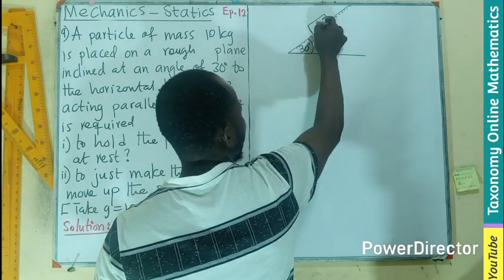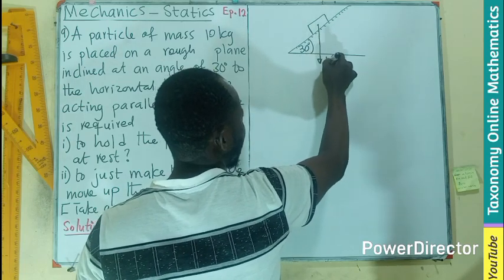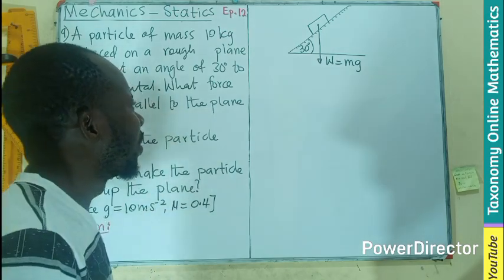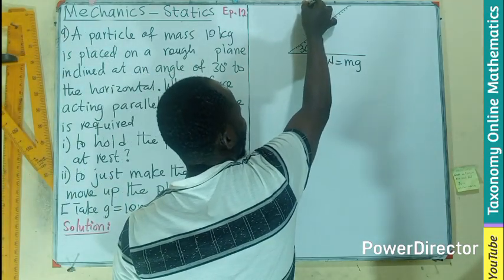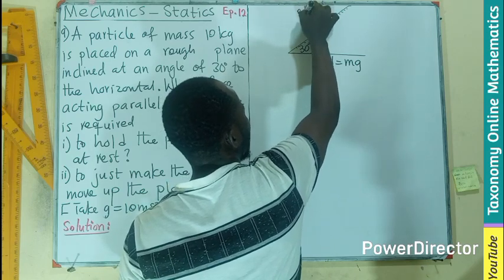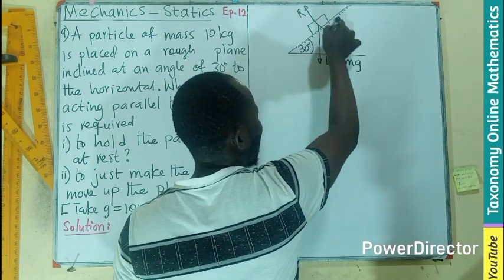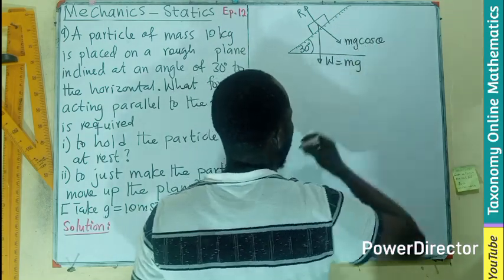The center of the object will have a force pulling it down called the weight, which is equal to the mass times gravity. Then we have a force perpendicular to the surface called the normal reaction, which has cos theta. This will be a straight line; I'm not using a ruler.